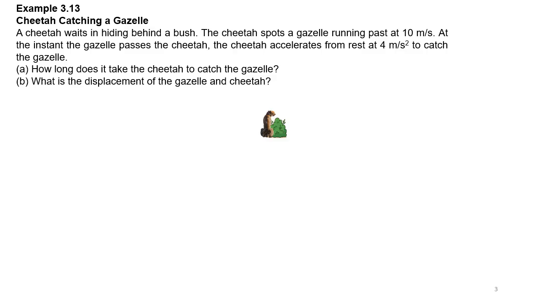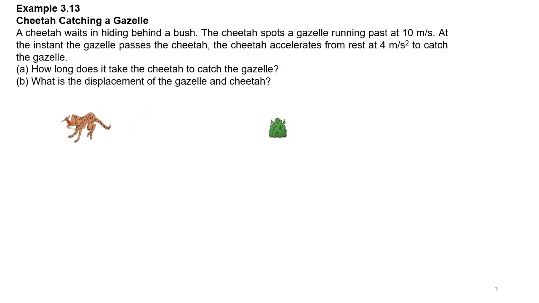So let's visualize what is happening here. There's a cheetah hiding behind a bush. Now a gazelle is running at constant speed. The moment it crosses the bush, the cheetah starts running and it is accelerating.